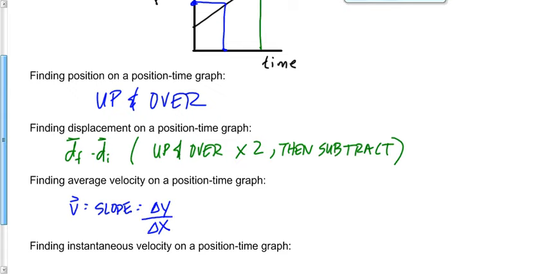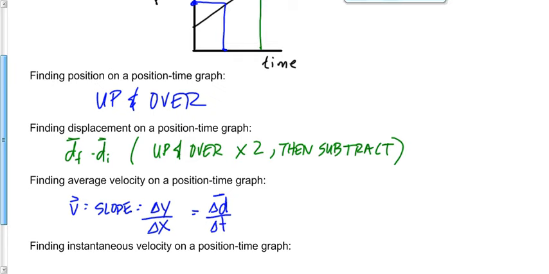Oh, but wait a second. We already know what average velocity is before today. Average velocity can always be found by using v is equal to delta d over delta t, displacement over time. Look at this.